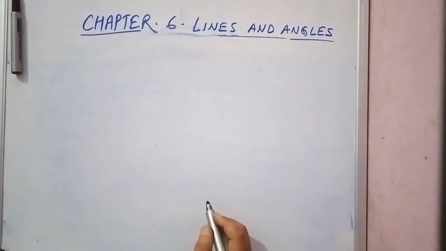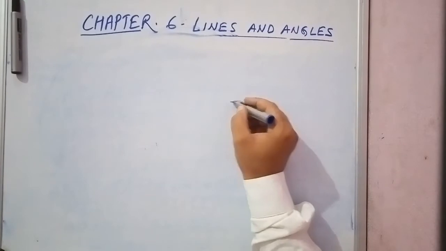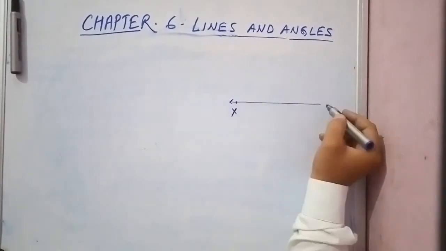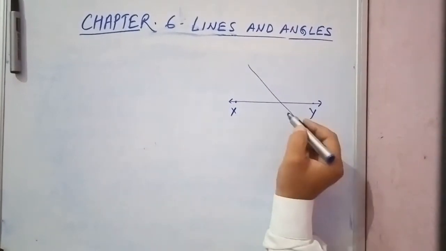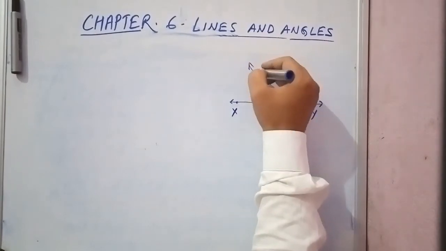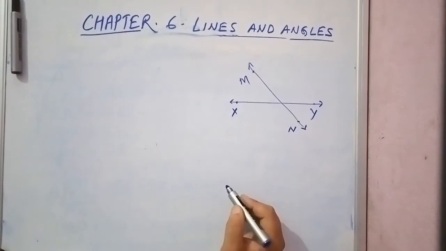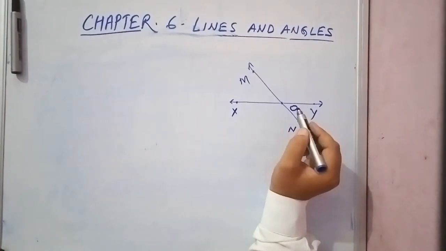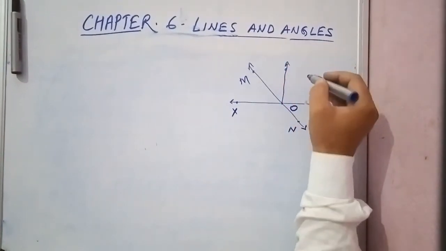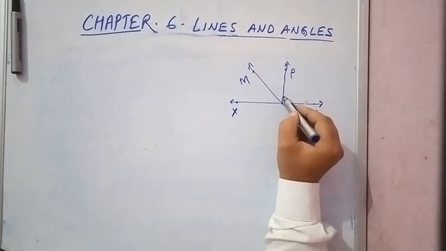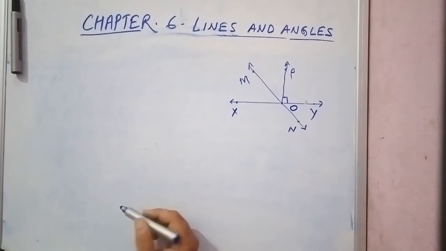In the figure, lines XY and MN intersect at point O, and ray OP is perpendicular to XY.